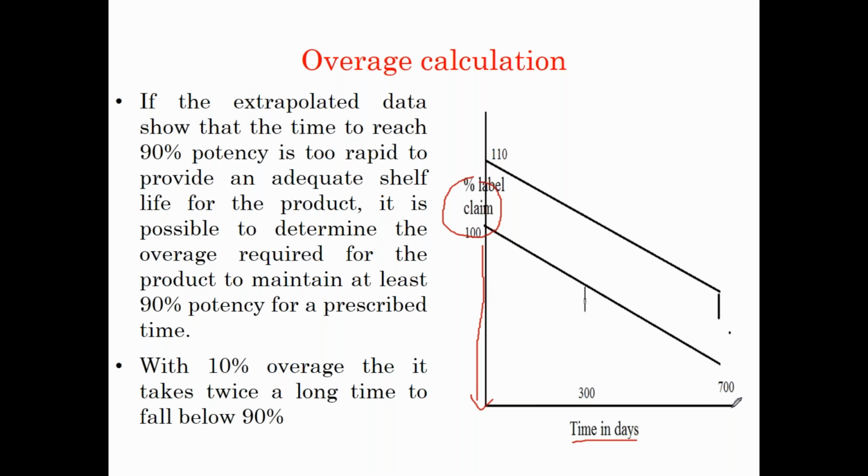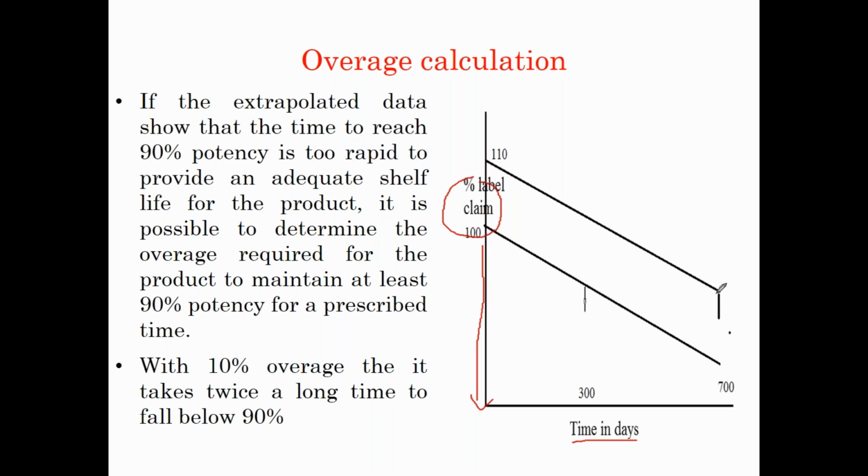But I want to keep my drug for a longer time, that is 700 days. I want to make sure that on the 700th day the drug is stable, meaning the dose of the drug is still 100 mg. To get that information, they first identify the number of days for which they want the drug to be stable, that is 700 days.